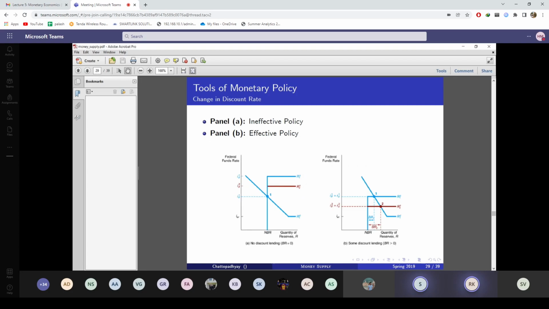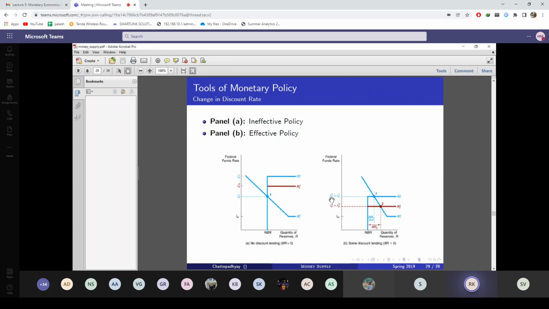And when open market operation is over, I cannot do it anymore, I am out of bonds, I go for changing required reserves. And this is the situation when my interest rate always equals ID, then this discount rate policy is useful. And this is the situation of expansionary policy. I reduce my discount rate.